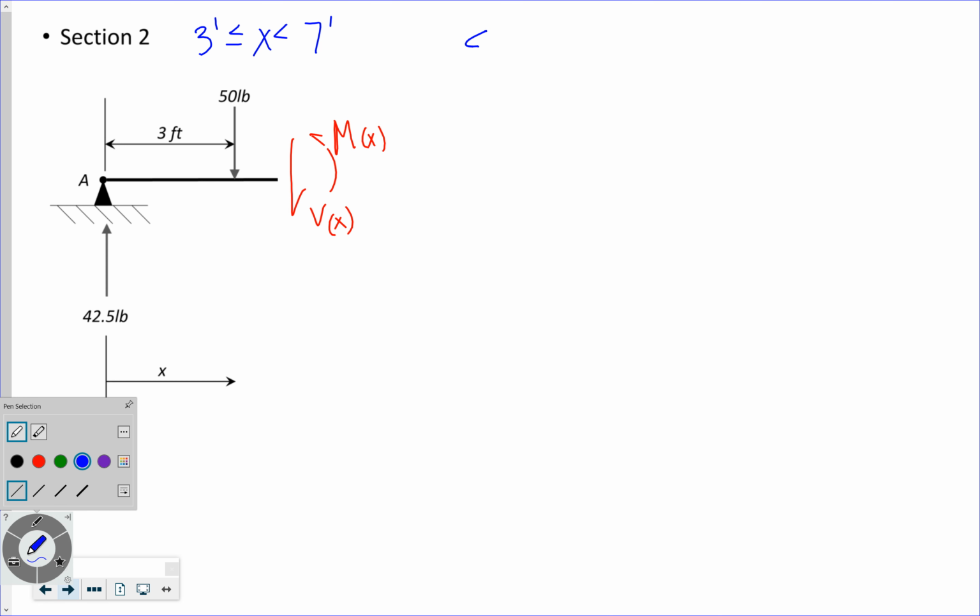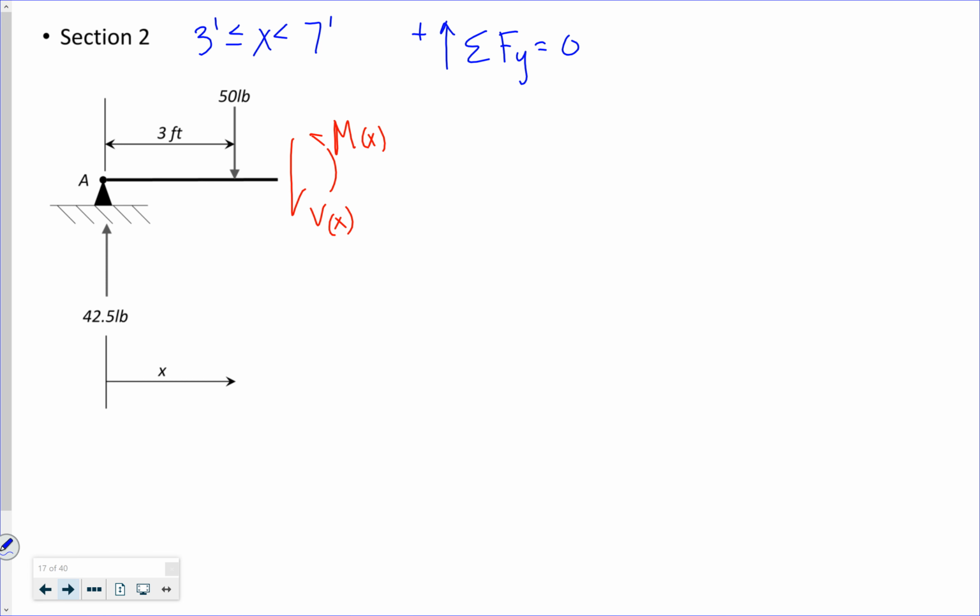If I sum the forces in the Y direction, acting up, I have my 42.5 pounds at my reaction.